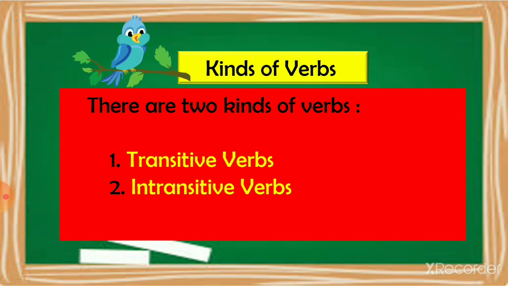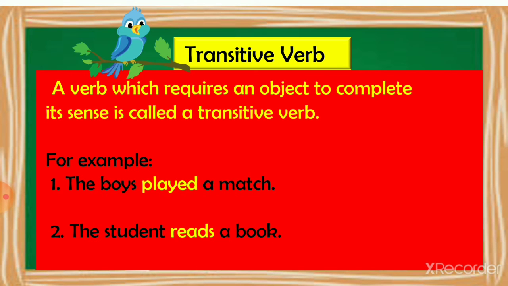We can also classify verbs as transitive verbs and intransitive verbs. A verb which requires an object to complete its sense is called a transitive verb. For example, the boys played a match, the student reads a book. Now, here in the first example, the object is a match, right?